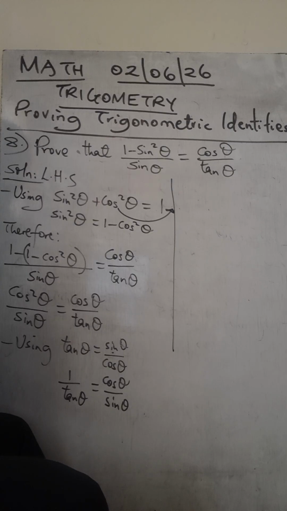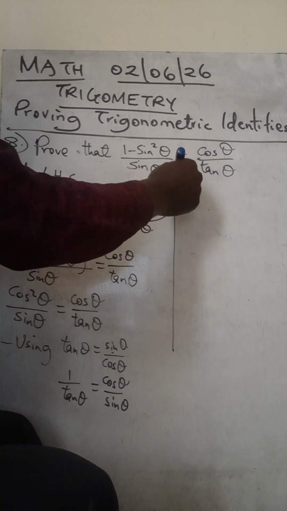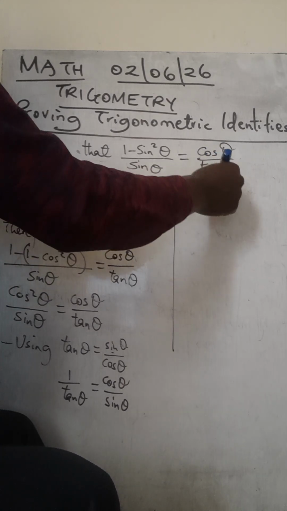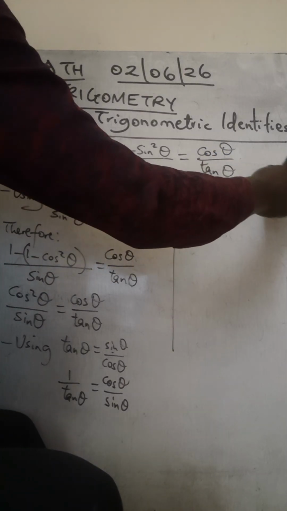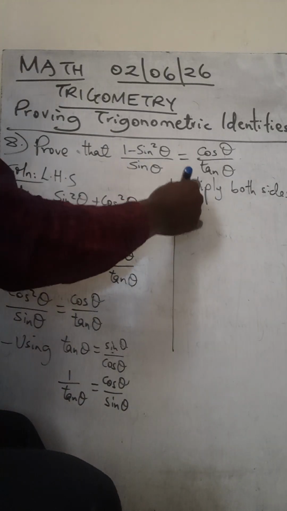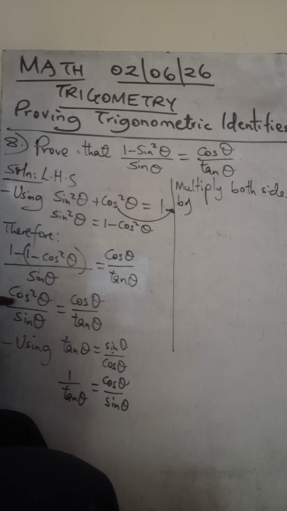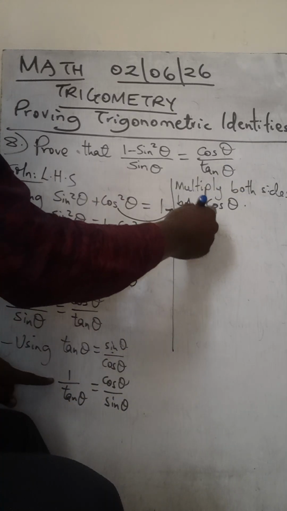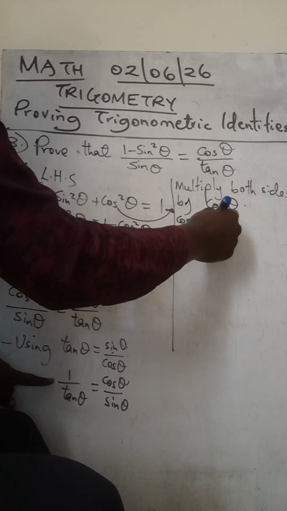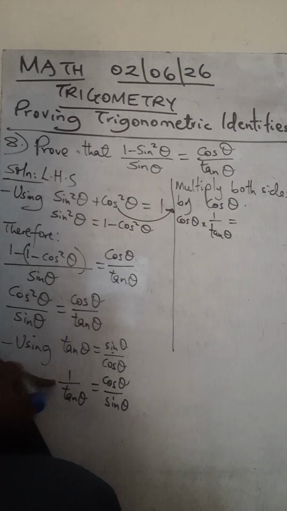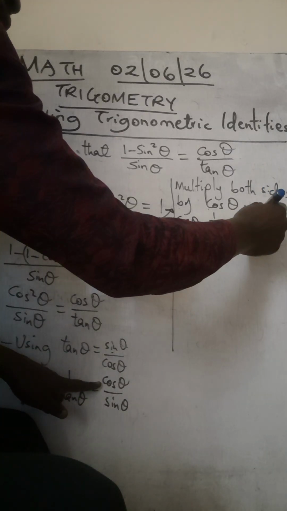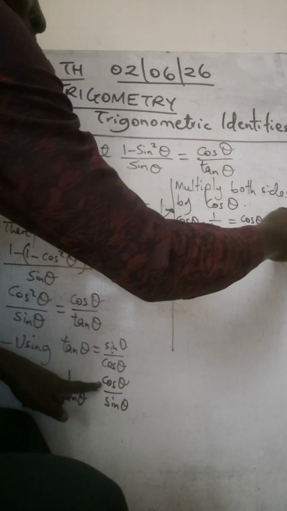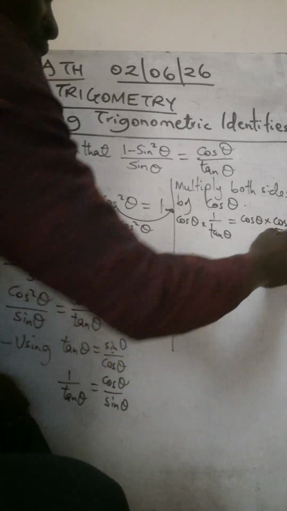Then multiply both sides by cosine of theta. So here I'm going to have cosine of theta times 1 over tangent of theta equals cosine of theta times cosine of theta divided by sine of theta.